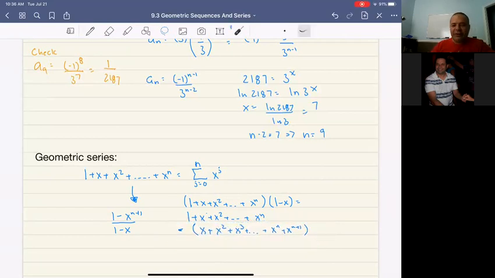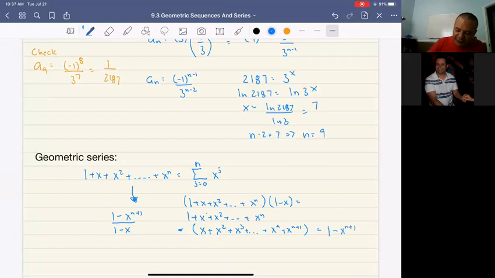So what's going on here again? I'm taking 1 times all of these. That's this first row. Minus x times all of these. That's this row. These all cancel. There's an x cubed there that's not written. That's canceling, and we're left with 1 minus x to the n plus 1. Okay?